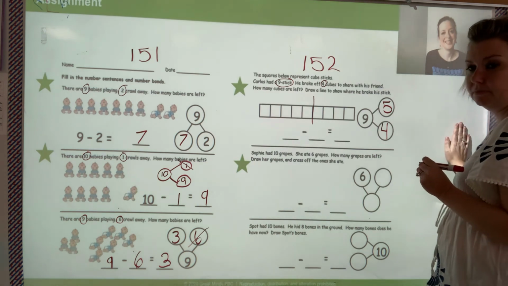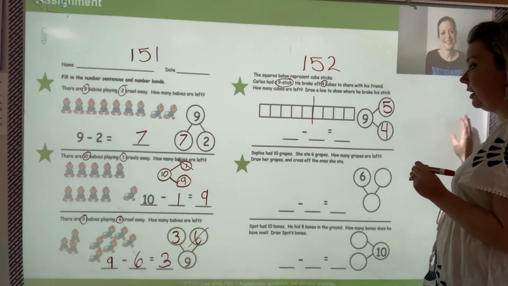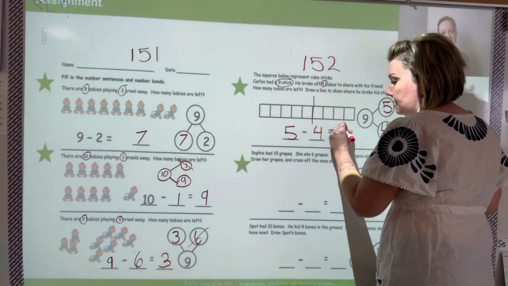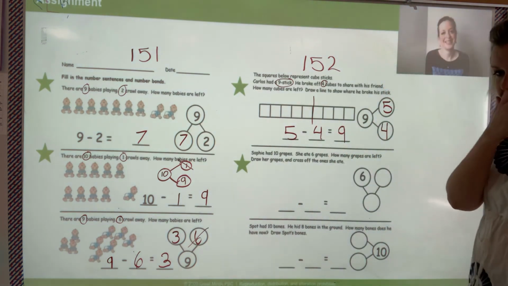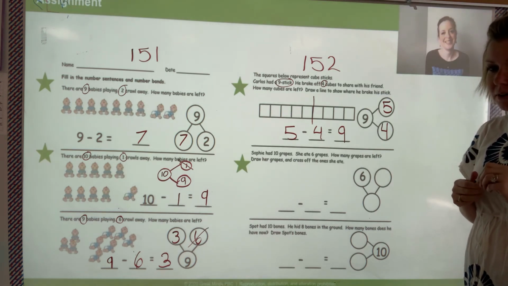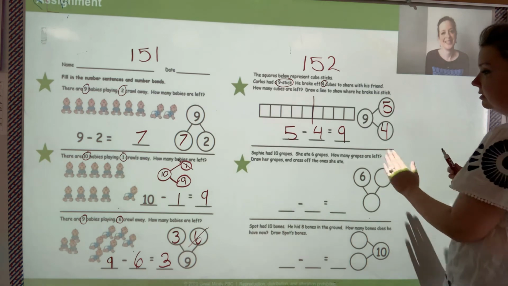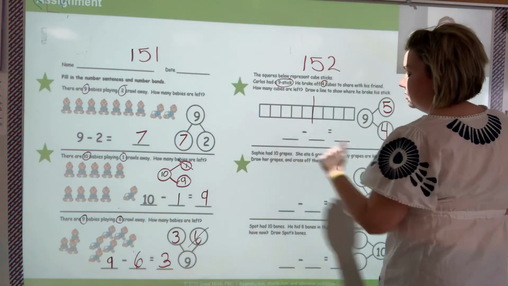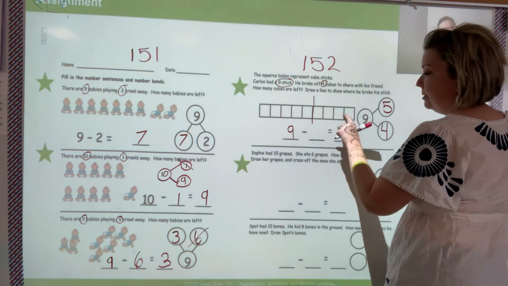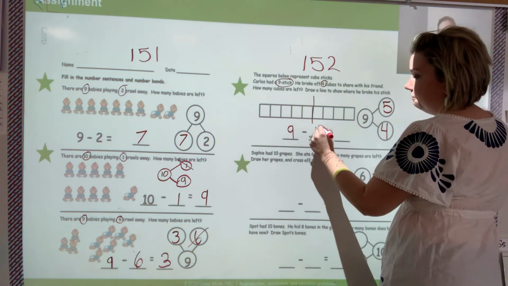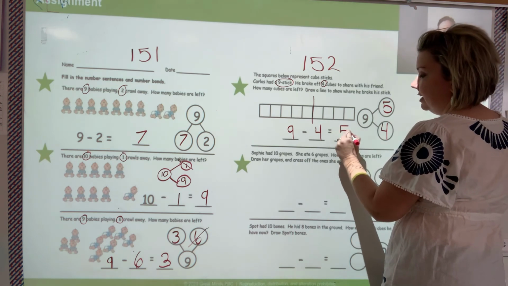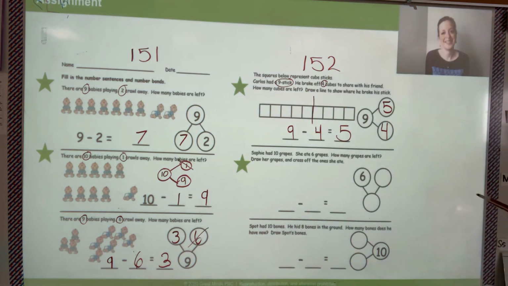Okay, so I put 5 take away 4 equals 9. Is that right? No. You put 9 where the 5 is. 9 take away how many? 4. And our total is? 5. Excellent.